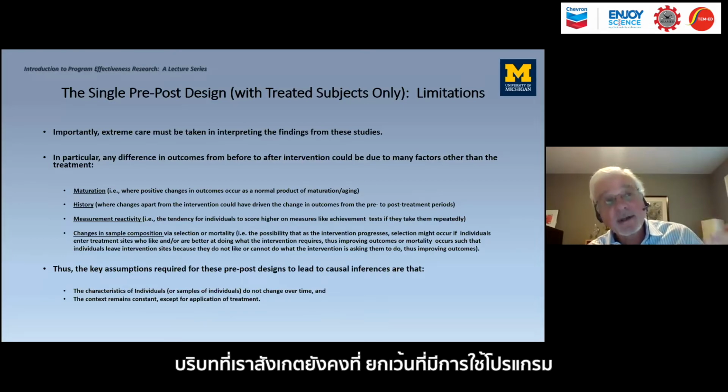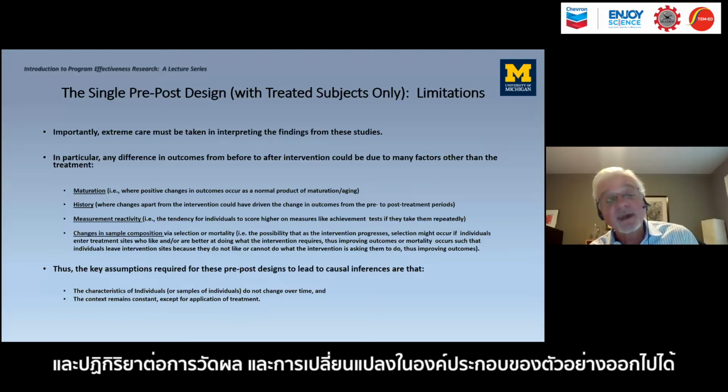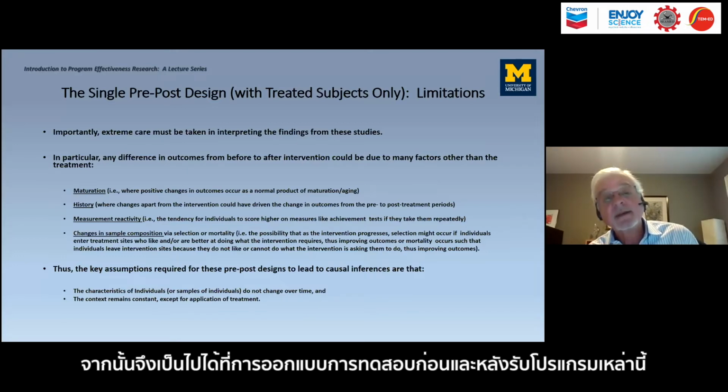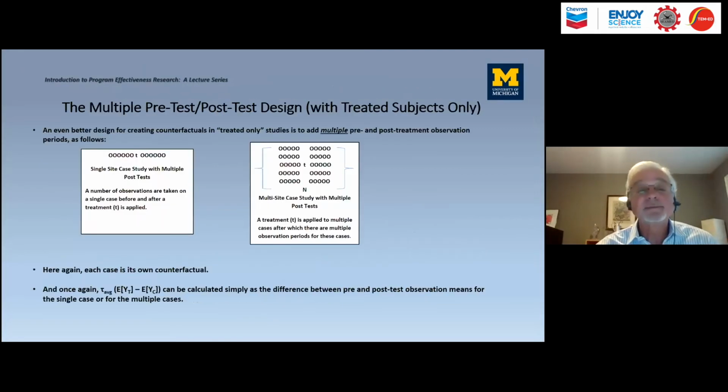And that the context in which we observe remains constant except for application of treatment. If you can rule out maturation, history, reactivity, and changes in sample composition, then it is possible that these pre-test, post-test designs are going to yield a decent estimate of program effect.